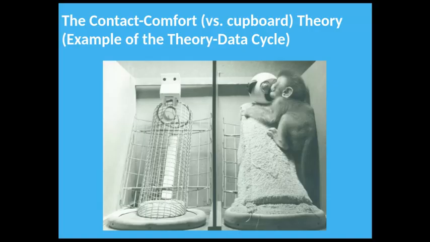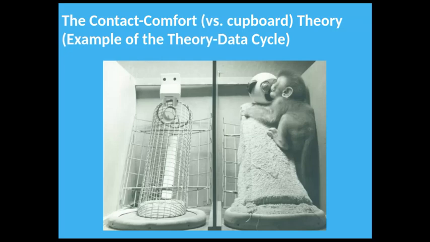So the contact comfort theory says that in this case, the baby would spend the majority of its time with the cloth mama. The cupboard theory says the baby would spend most of its time with the wire monkey mama because of the food.